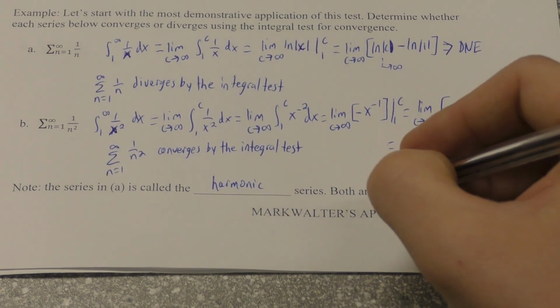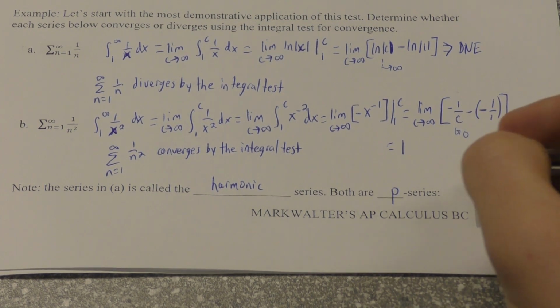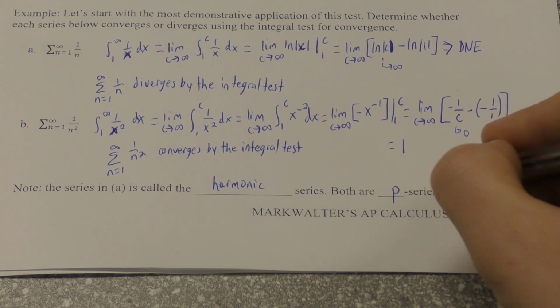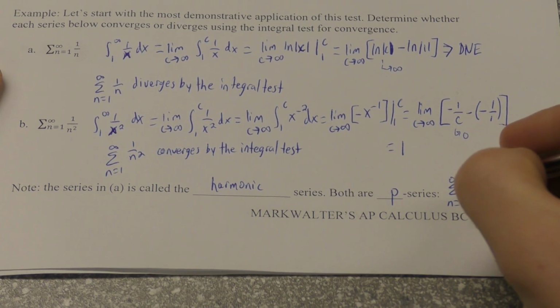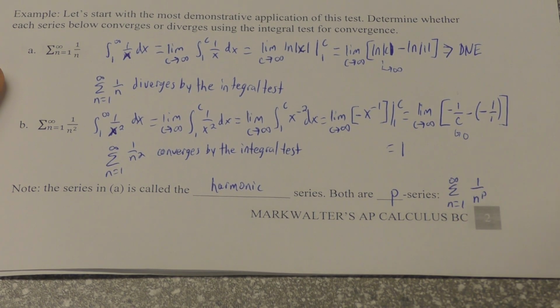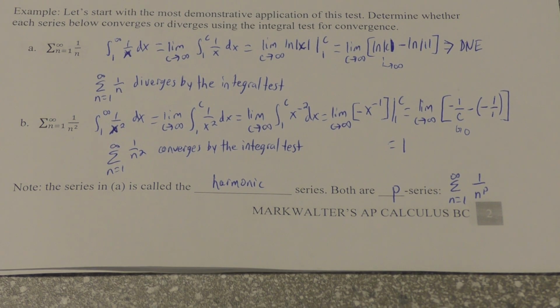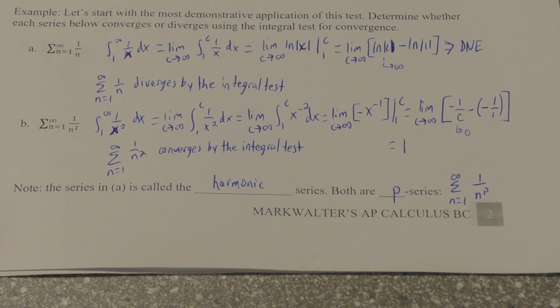But both of these series are what we call p-series. P-series essentially have the form, as we'll talk about, the sum from n equals 1 to infinity of 1 over n to some power. Don't really need to know that for today, but we'll need it later, so might as well just go ahead and call it what it is.